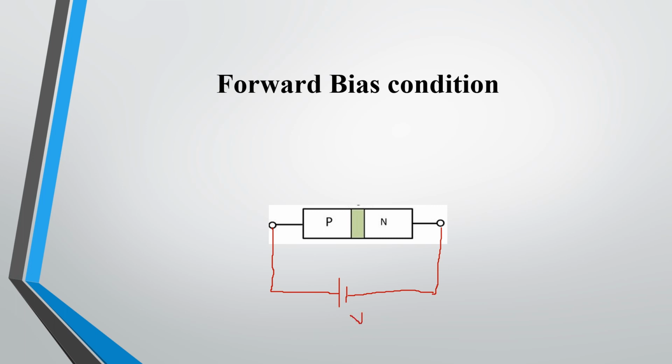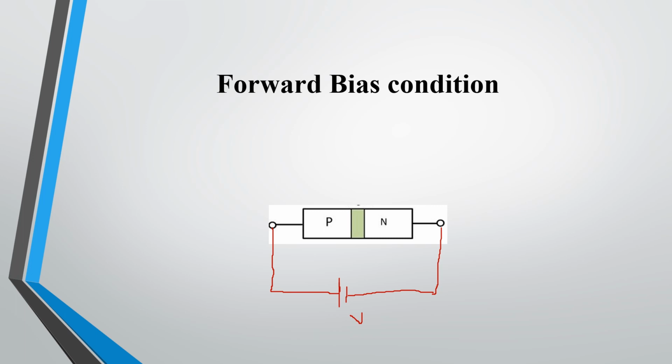Let's take an external voltage V. Here the positive terminal of voltage V is connected to the P side, whereas the negative terminal of the battery is connected to the N side. This type of biasing is known as forward bias condition.